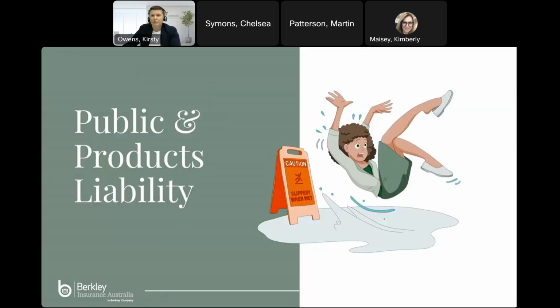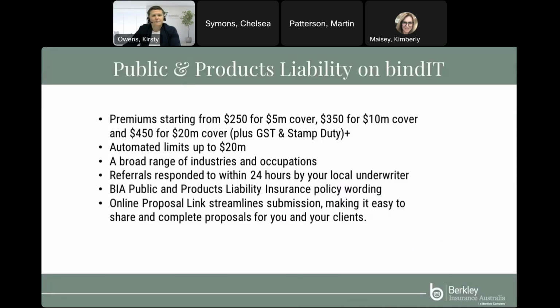Public and products has also been a really popular product offering in the last 12 months. Again, the really small end, so your small office risks, right up to manufacturing and the like, but the smaller end of those occupations.